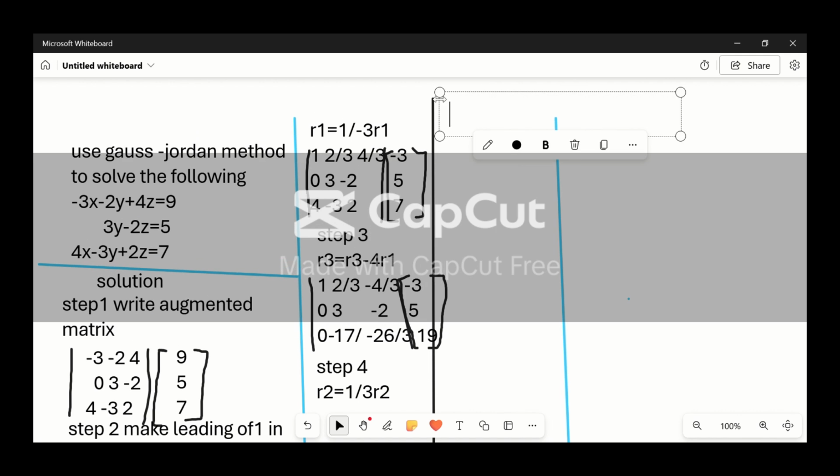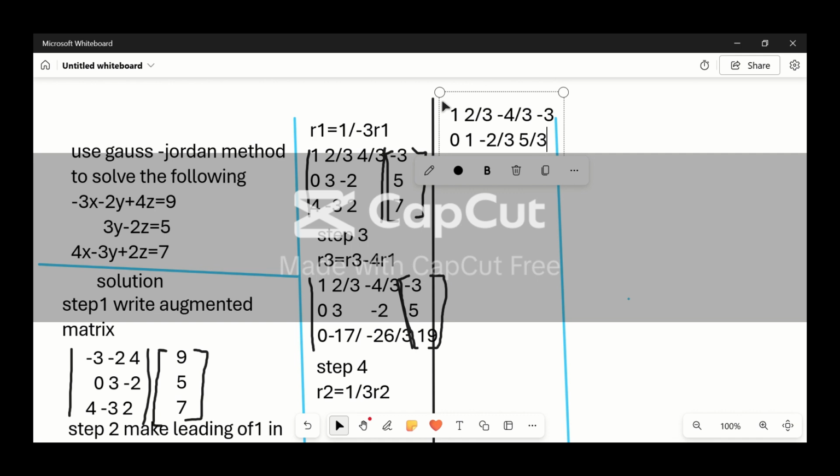We have here the 1 as usual, and the 0, and 2 out of 3, and also negative 4 out of 3, and for the third part we have negative 3 as usual. For another one we have 0 and 1 and negative 2 out of 3, and for the third part 5 out of 3.